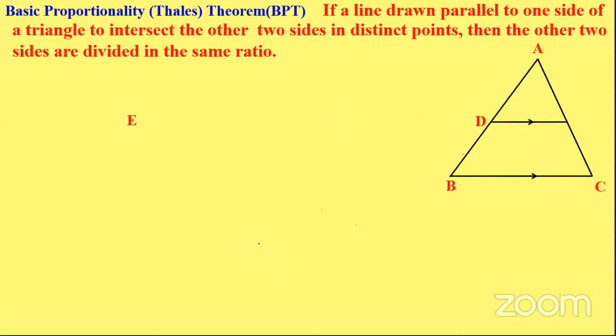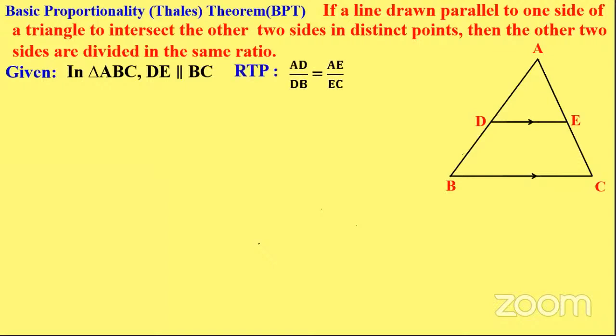This is the line drawn parallel to BC, meeting AB and AC at points D and E. So DE divides AB in the ratio AD by DB, and AC in the ratio AE by EC. So DE parallel to BC is given. Required to prove: AD by DB is equal to AE by EC.